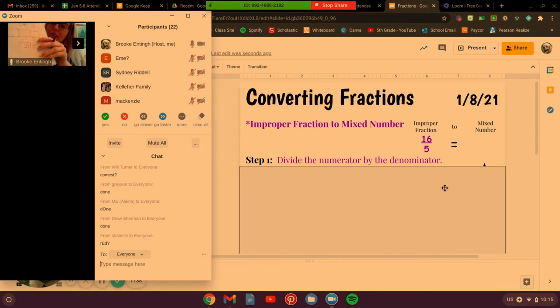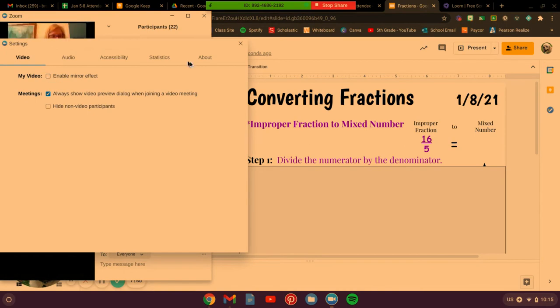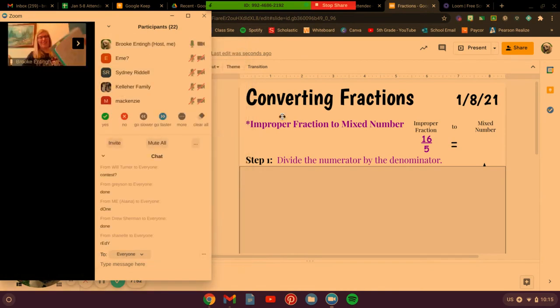Oh, I'm flipped around again. But it's 16 being divided by 5. So 16 goes inside our box. The 5 is on the outside. Let me see if I can flip it again. There we go.